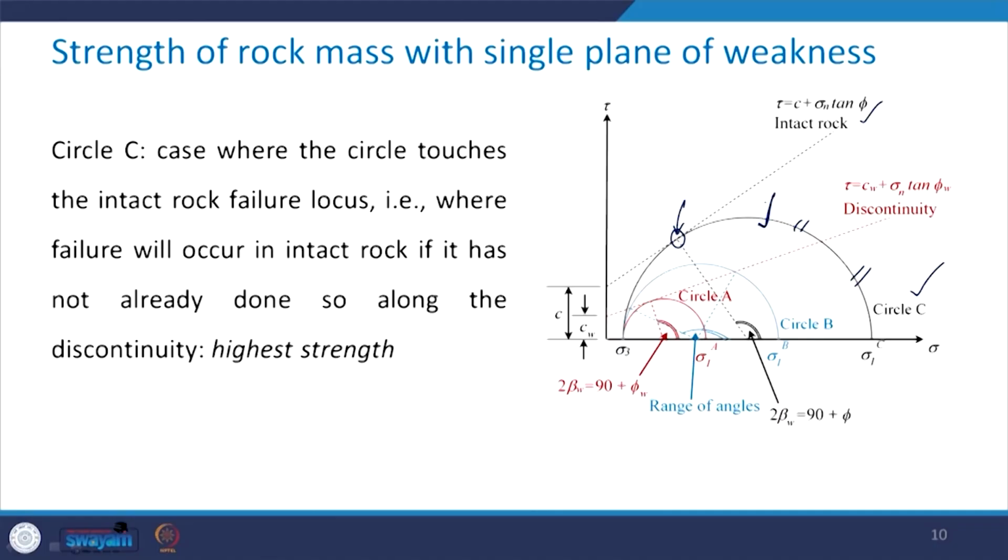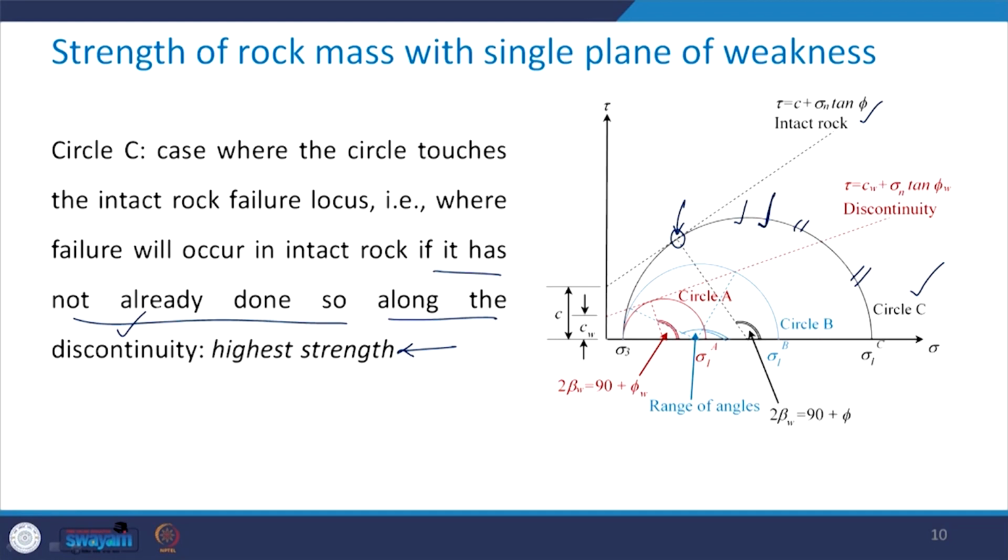In that case, to represent that state of stress, this Mohr circle will be helpful, and you are going to get the highest strength. That is why here it is written that corresponding to this circle, the failure will occur in the intact rock if it has not already done so along the discontinuity.